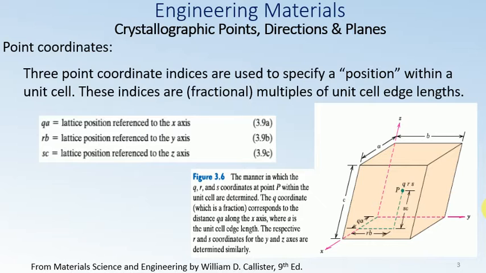This will give you the edge length along the x-axis, and then you move along the y-axis and multiply this fractional distance with the total edge length to get the location of this point, and then similarly you move along the z-axis and multiply with the edge length to get the distance along the z-axis, and these three numbers, q, r, and s, give you the point coordinates or the location of the point for this cubic unit cell.